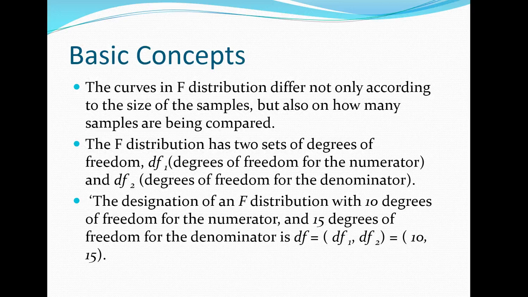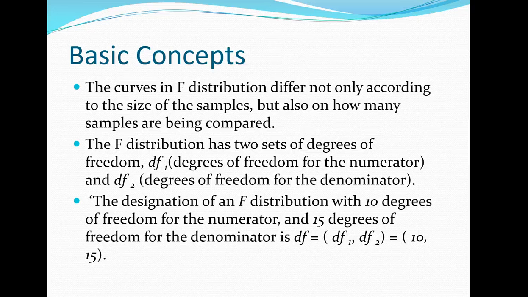Because the F statistics utilizes two ratios, you're also going to have the appearance of two curves for F distribution. So basically, what you would expect when you look at an F distribution is that it has two sets of degrees of freedom.